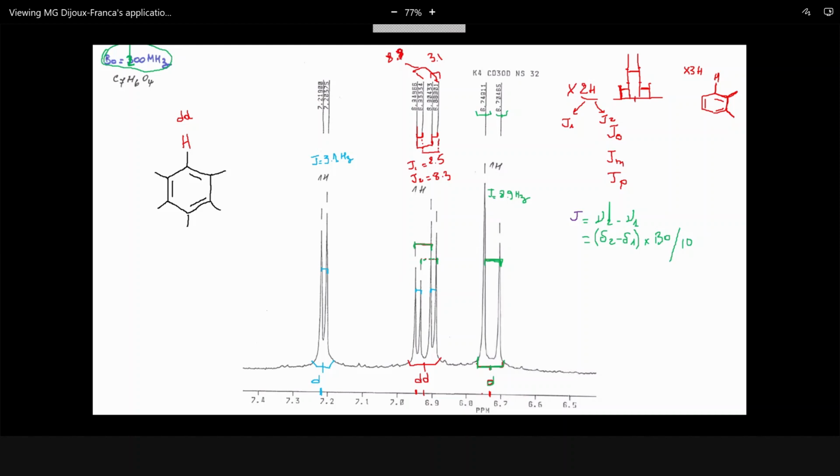So as you could see here, we found in this signal both the coupling constant with the blue one and the coupling constant with the green one. Do you remember the value of the coupling constant in aromatic ring? What is the value for the J ortho?